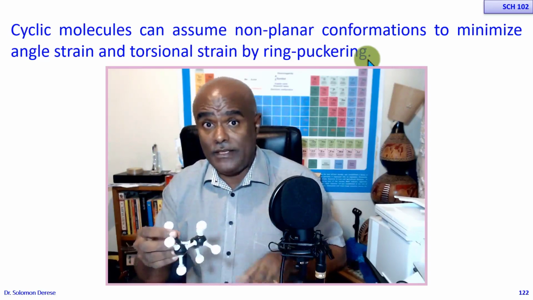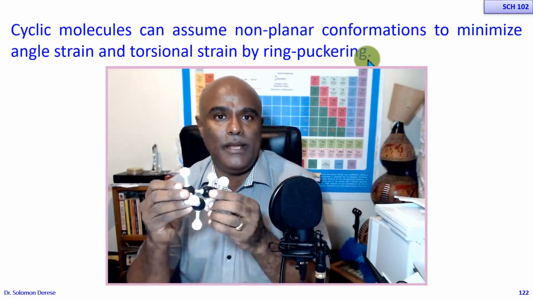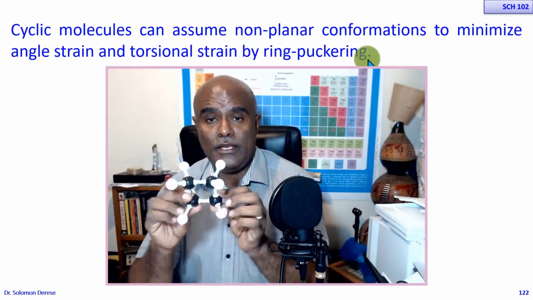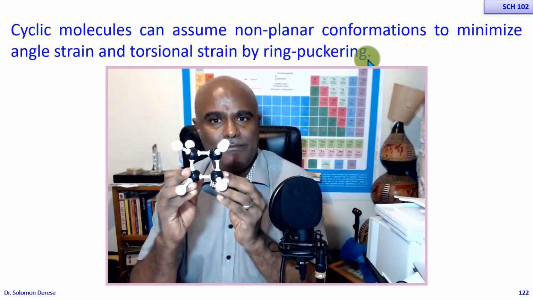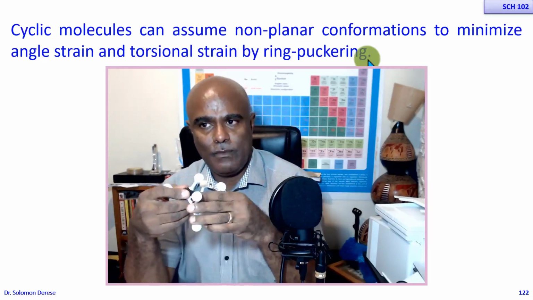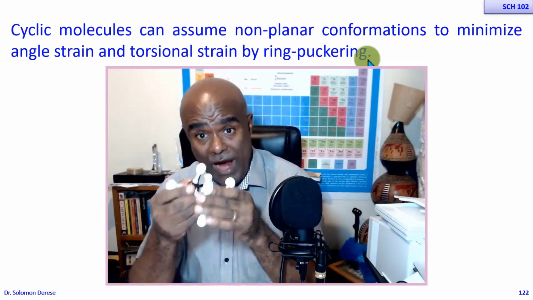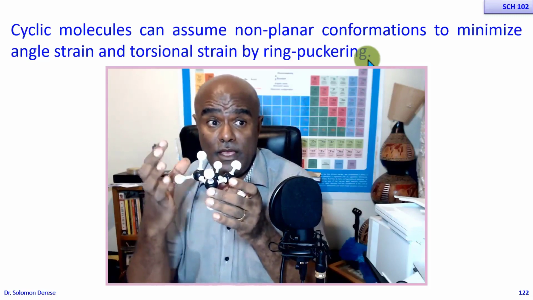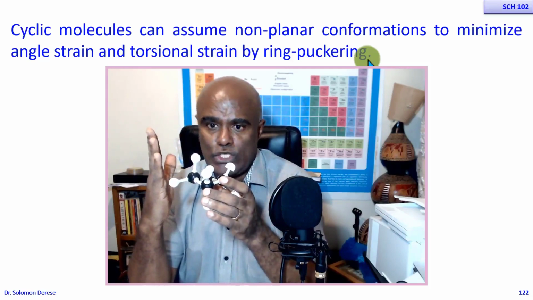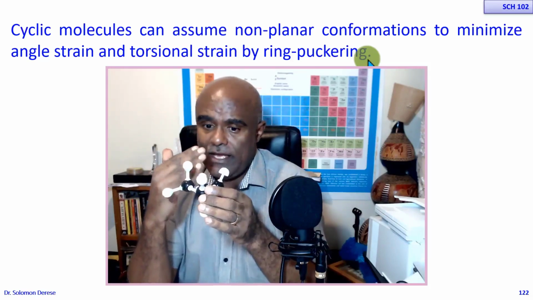But four points are not necessarily in the same plane. So cyclobutane does not have to be planar. It adopts a non-planar conformation, and the reason it does this is to minimize angle strain and torsional strain.